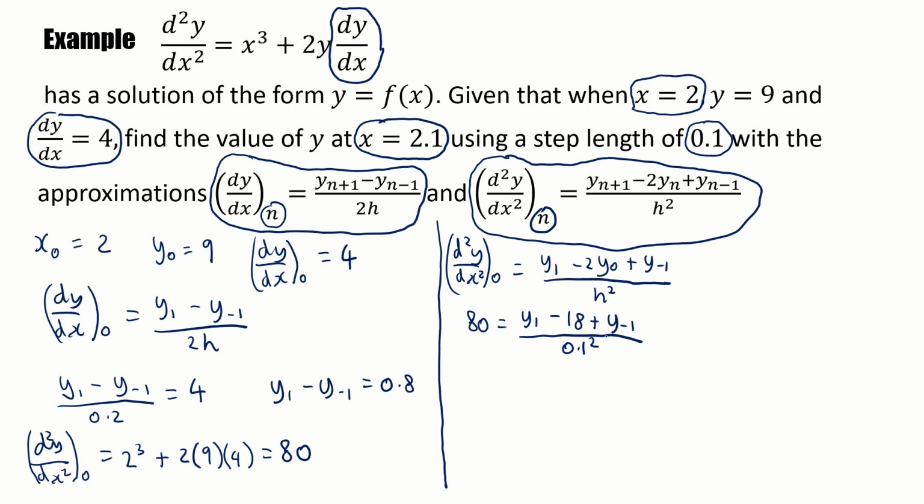But that's where the magic happens, because what this is going to mean is we have two equations with two unknowns, and what do you know? It's therefore simultaneous equations. And that's why this is only a one iteration question, because you have to do not iterations per se, but solving equations to get the value you want. Interestingly, although we could find both y1 and y minus 1, we don't actually have to find them both.